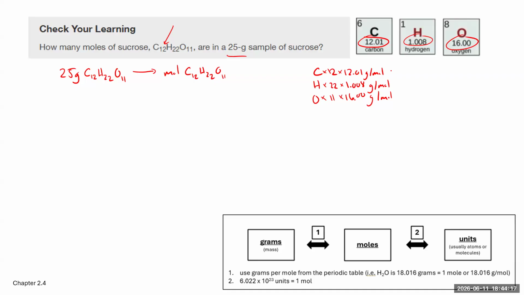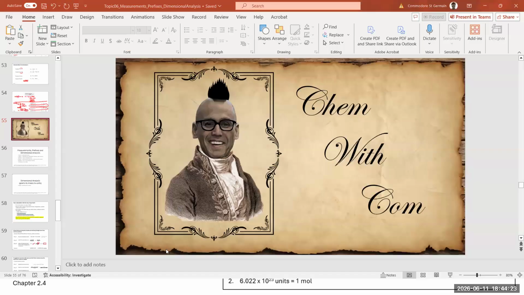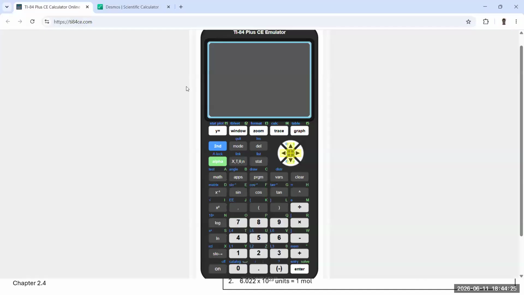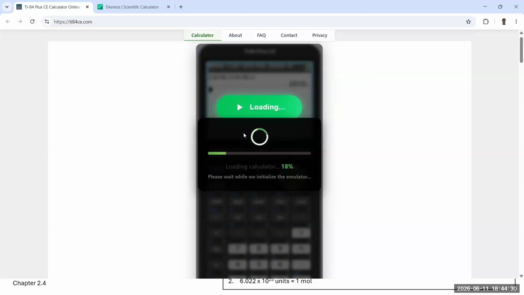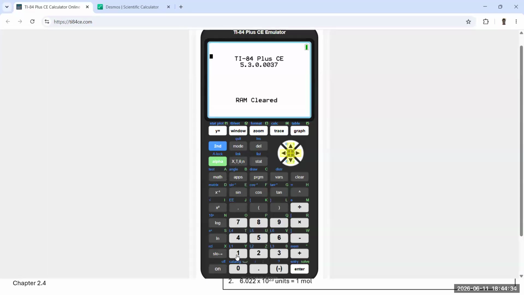All right. Let's do the math there. 12 times 12.01.